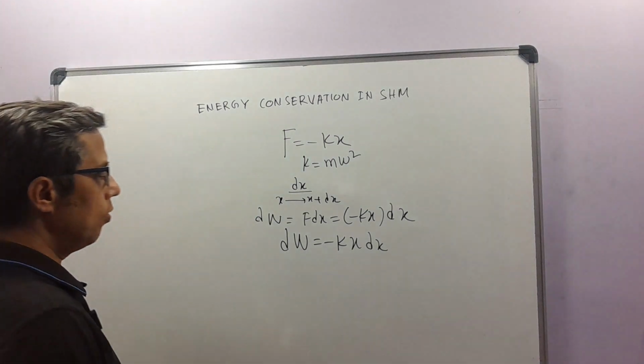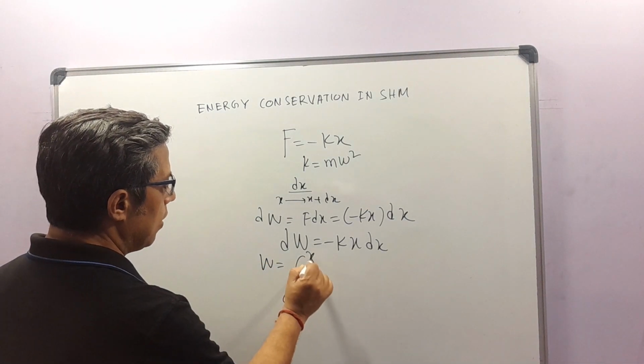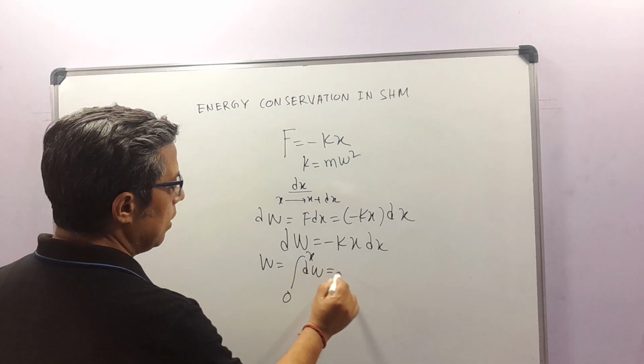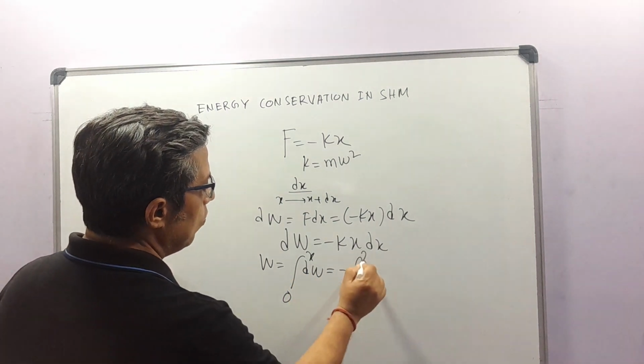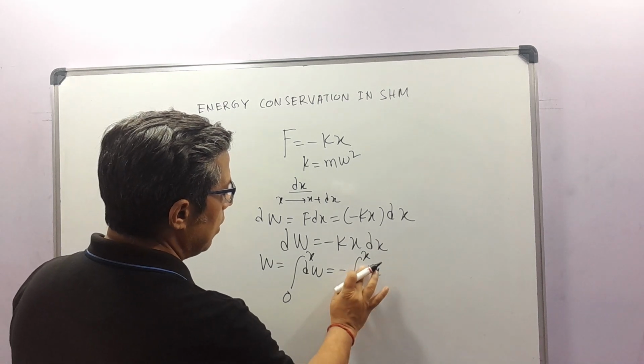Now the total work done in moving an object from 0 to x will be the integration, right? So minus integral from 0 to x of kx dx.